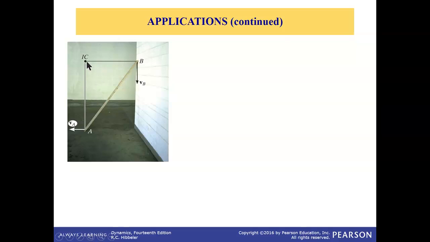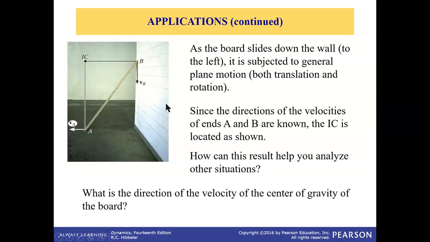So at the given instant, this is the center point, and the entire body AB can be considered as having pure rotation rather than general plane motion with respect to the IC. And then it's very easy to calculate the velocity for any point on the board as well as the angular velocity once we locate the instantaneous center. And this slide basically explains the same concept.